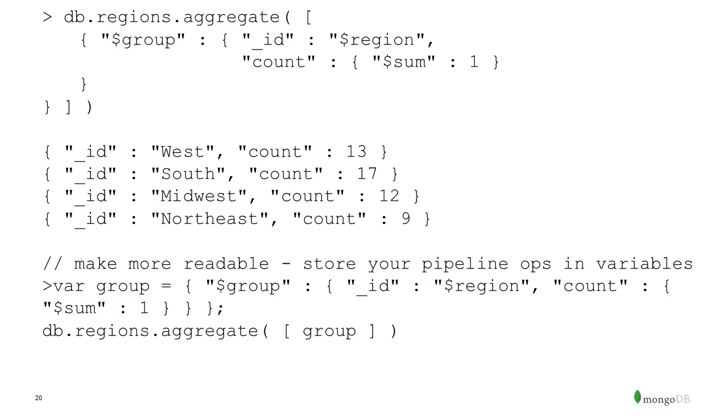The use of underscore ID with $group and then underscore ID as an object ID or the unique key within a collection is really just a syntactical thing to help you remember that it's the important thing that you're going to group on, and underscore ID is an important thing within your documents.